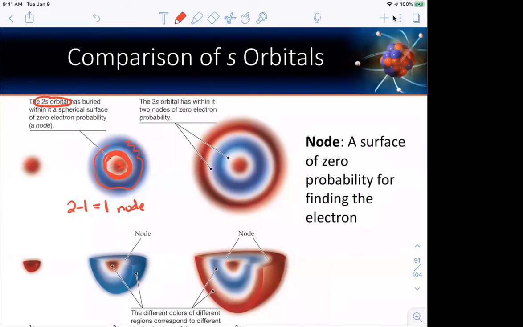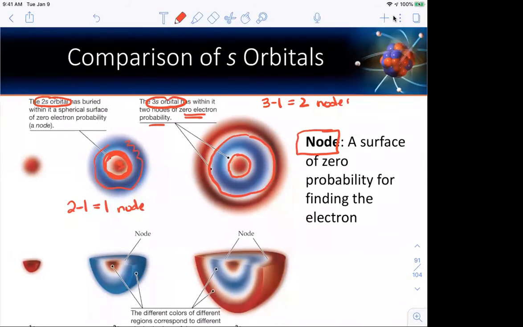That has a node. For 3s orbitals, I have 3 minus 1, so I have 2 nodes. Again, I have this white space and this white space where I have 0 electron probability, which is my node.